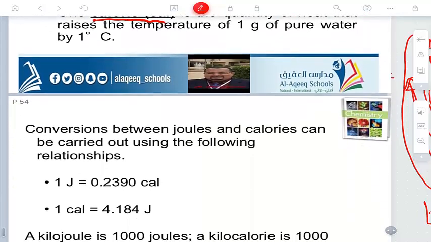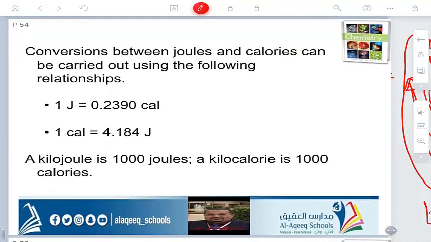If you want to convert joule into calorie, 1 joule equals 0.2390 calorie with a small letter, or the opposite. 1 calorie equals 4.184 joules.